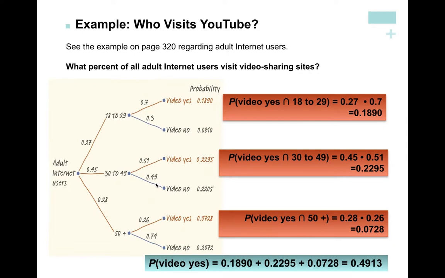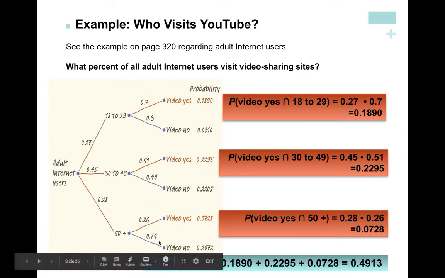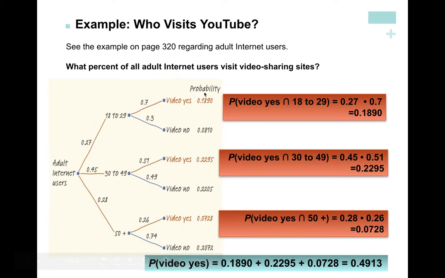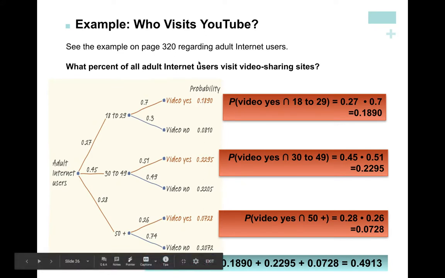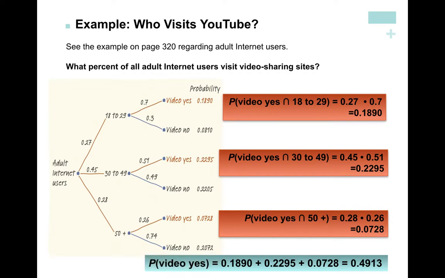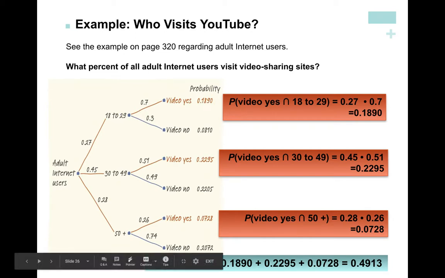Okay, and then same thing, here are conditional probabilities, here are conditional probabilities, and then here are all the end probabilities, which are the intersections. Okay, and then how do you get this? You just multiply 0.27 times 0.7. You multiply the two branches to get this end probability. All of these end probabilities are going to add up to 1.